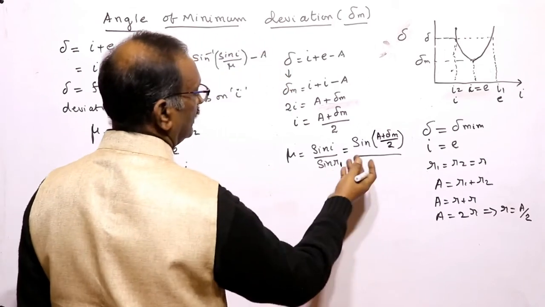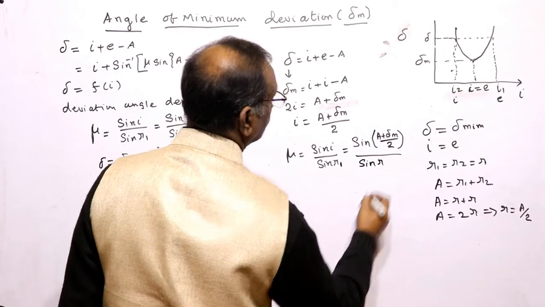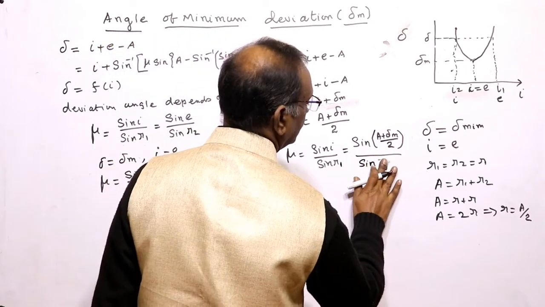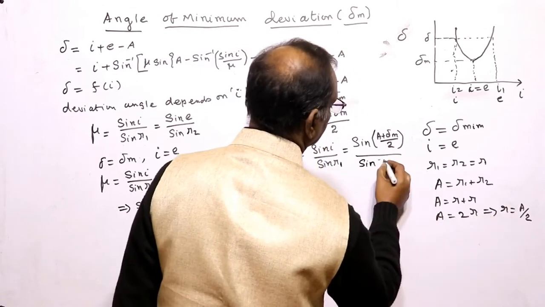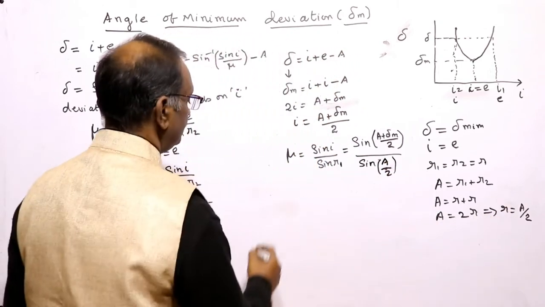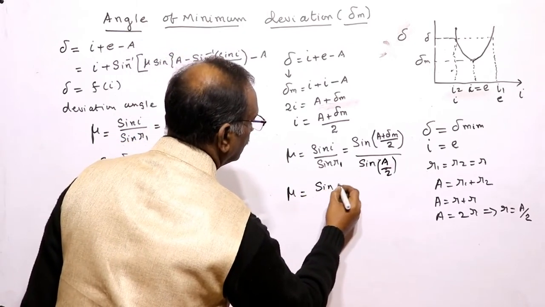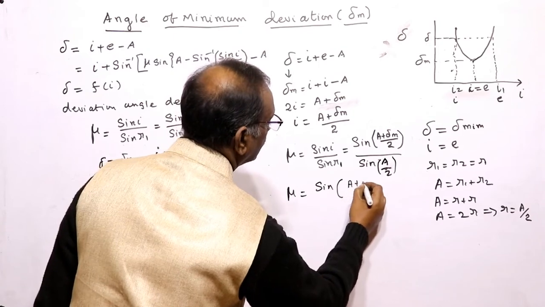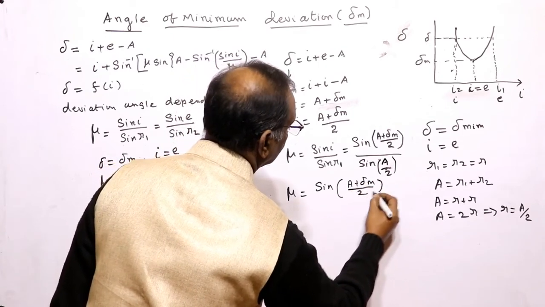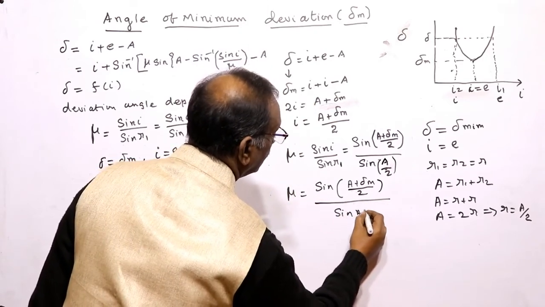Since R1 is equal to R2 is equal to R, sine of R can be replaced by A by 2. So this is the relation: mu is equal to sine of A plus the angle of minimum deviation divided by 2, upon sine of A by 2.